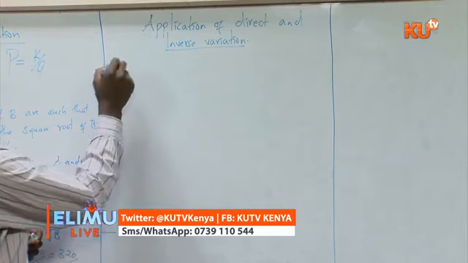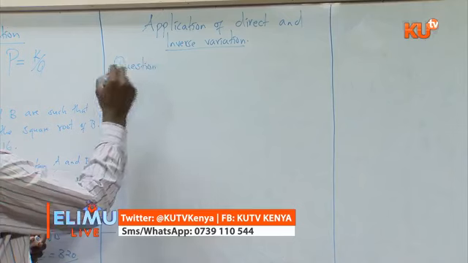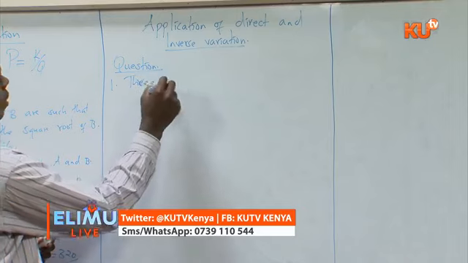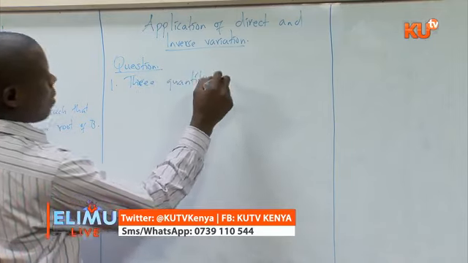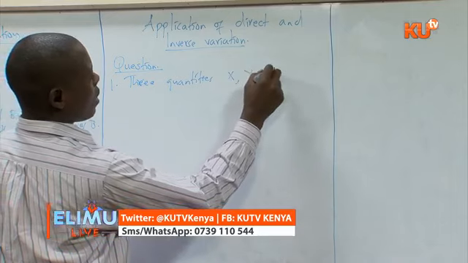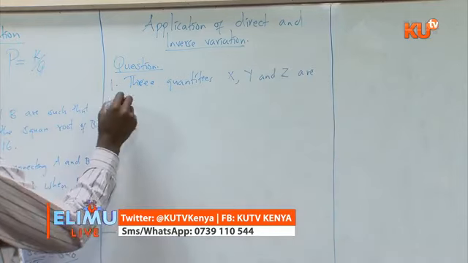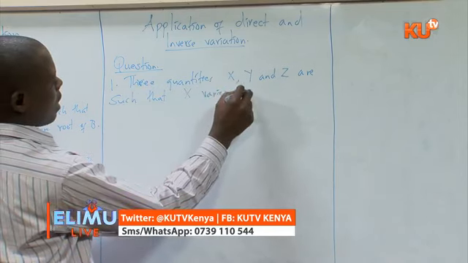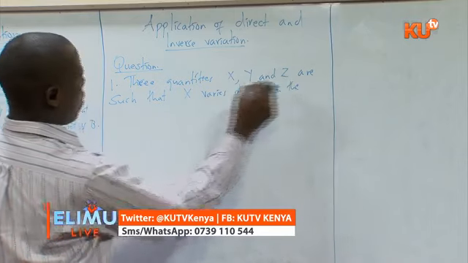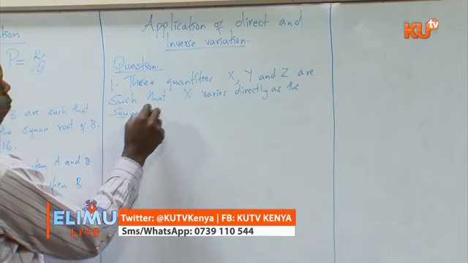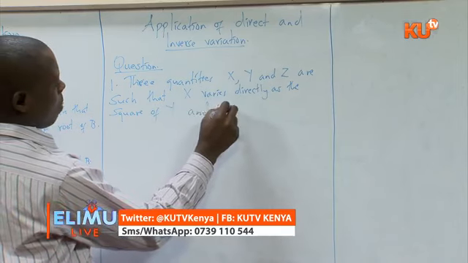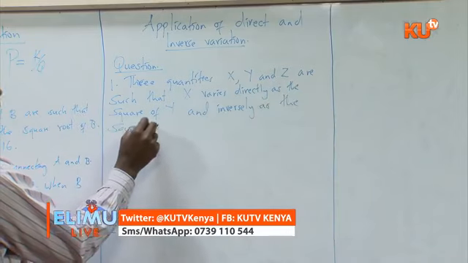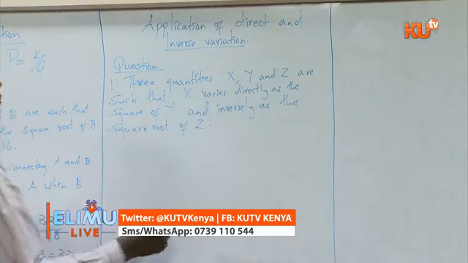And so I will have this question as our practice question. We are told that the quantities, that is three quantities, x, y, and z are such that x varies directly as the square of y, and inversely as the square root of z.